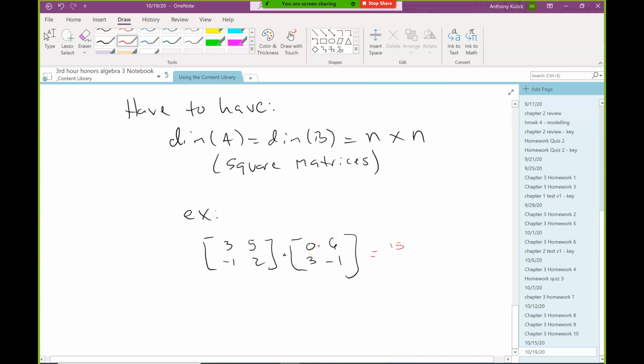And then -1, 2 times 0, 3. So that's 0 plus 6, so 6. And then -1, 2 times 6, -1 is -6 plus -2, which is -8. And then let's try to reverse the order and see if we get the same result.